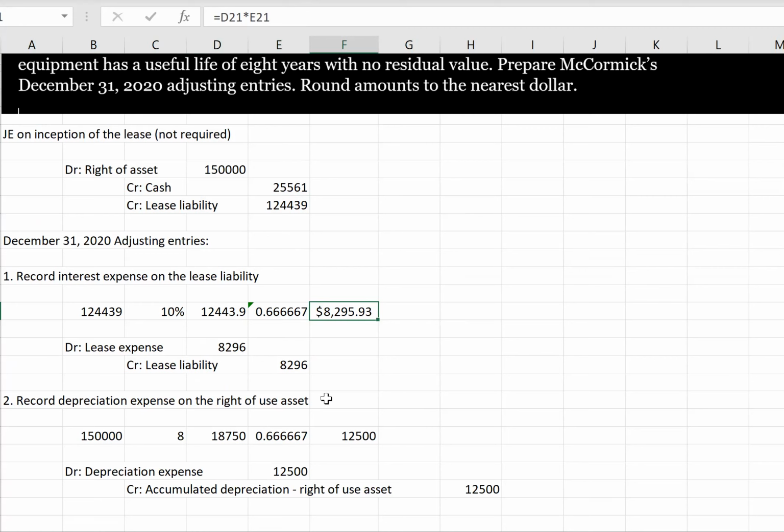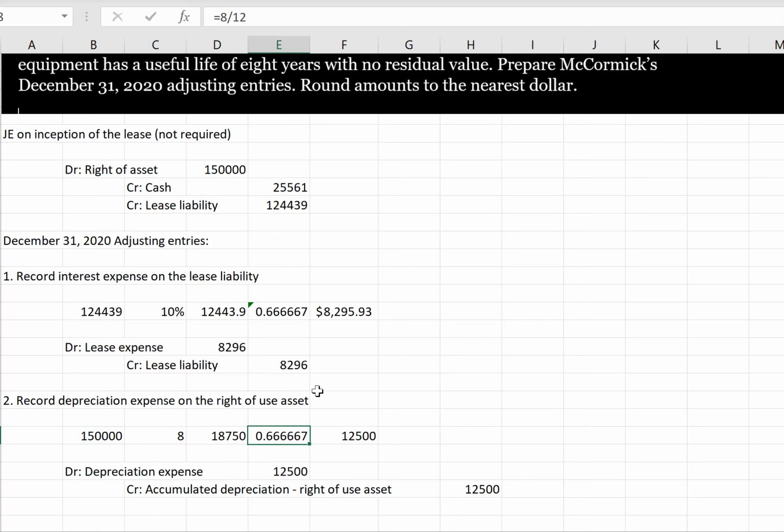And here for depreciation expense, we took the right of use asset amount that we put on our statement of financial position initially. We said the lease was for 8 years, so we divided the amount of a right of use asset by 8 years to come to our annual depreciation. And then we said, well, we're not going to book 12 months of depreciation because we've only had this premises for 8 months.